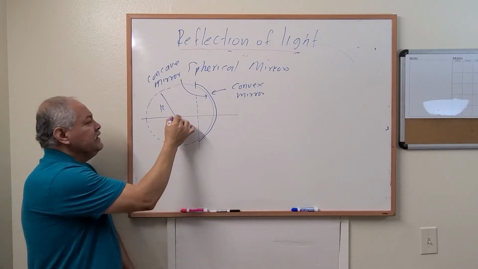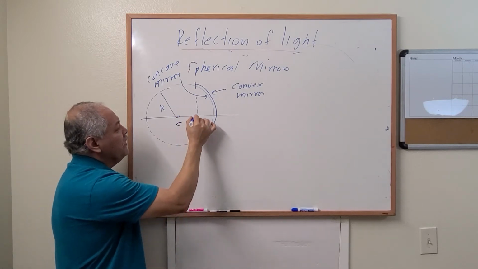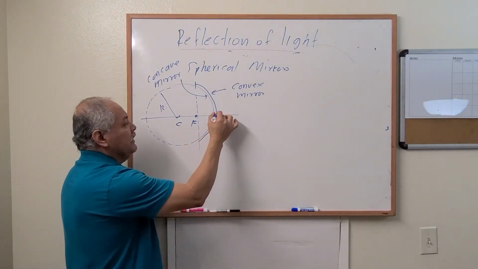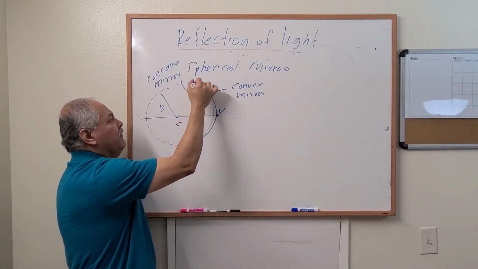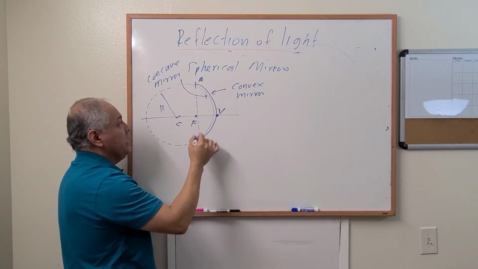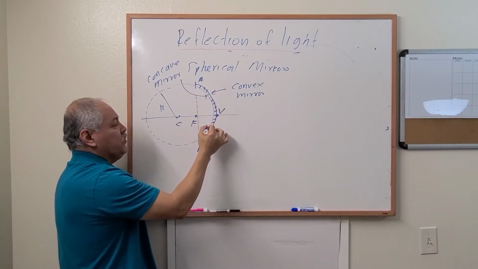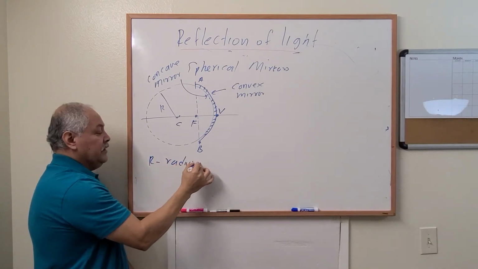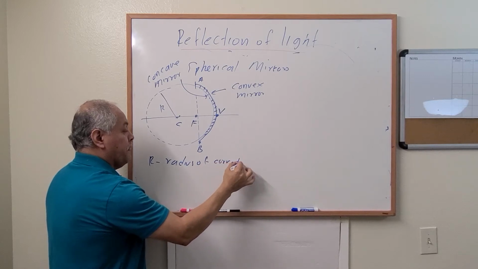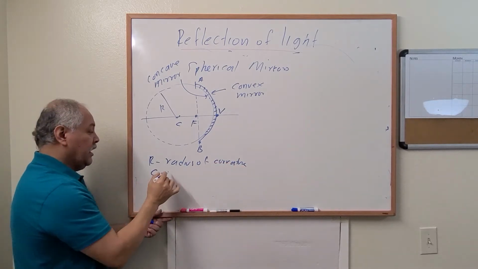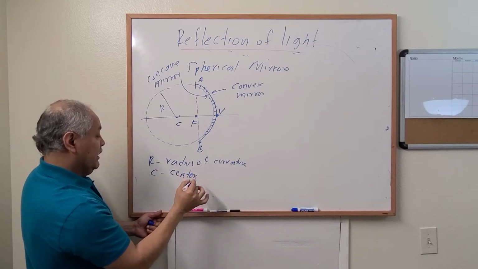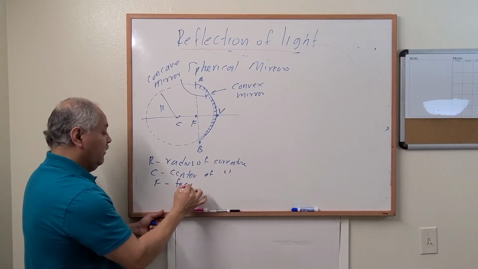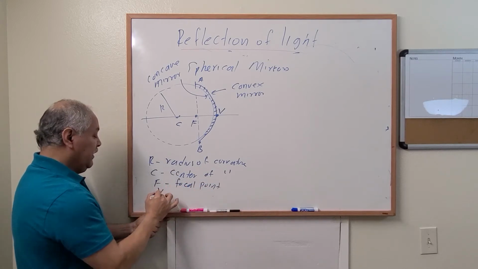Now we call this the center. We label one point right here as the focal point. We can label this as B, the vertex, and also we have these two points A and B. So again, it's the spherical mirror, where R is the radius of curvature, C is the center of curvature, F is called the focal point, and V is the vertex.